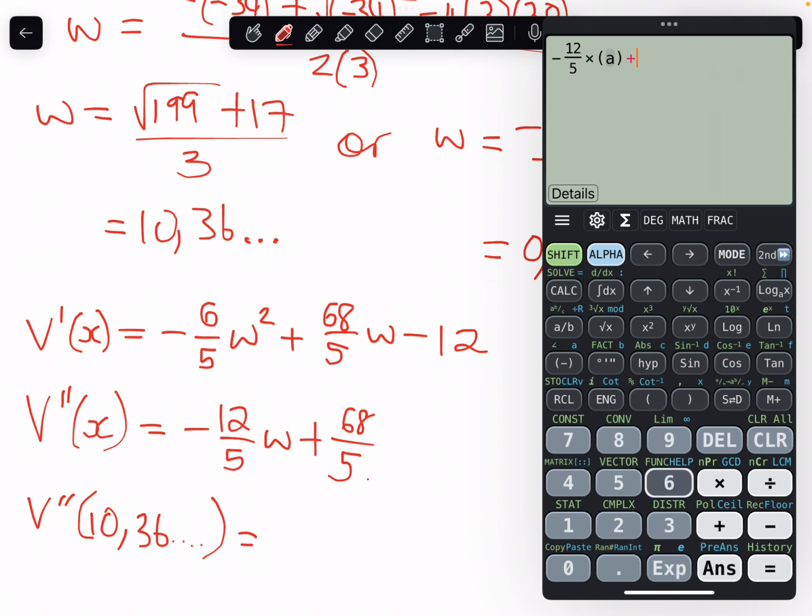Okay, what does that give us? So that gives us negative 11.28 something something something. Negative number, which means at this point the graph is concave down.